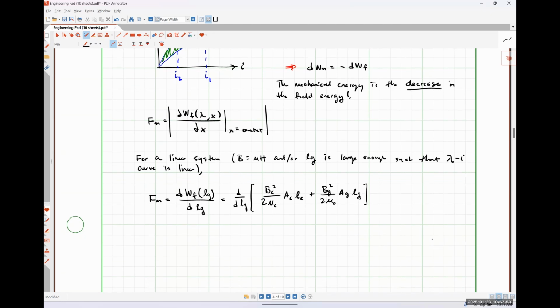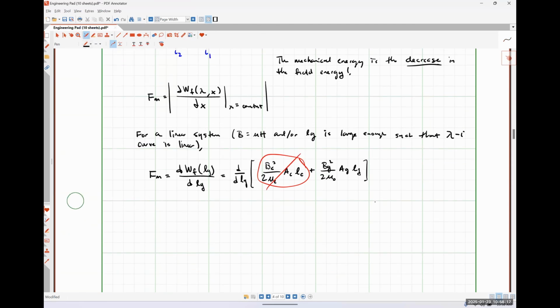I'm going to ask you guys a question. It's okay if you don't know the answer to it, but what's the derivative of a constant? 0. So the reason why I asked that specifically is because literally none of that term right there for what's going on in the core has anything to do with the gap length. So the derivative of that whole first term is 0. And so all we're left with is Bg squared over twice mu naught times Ag.